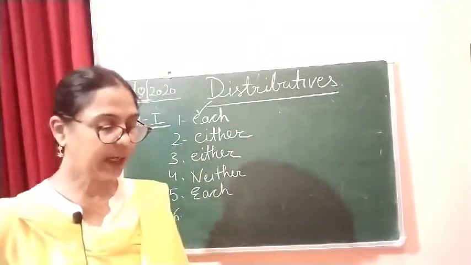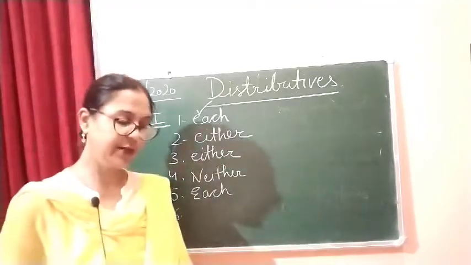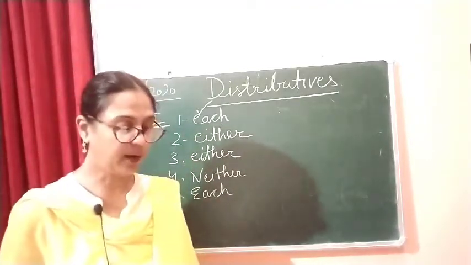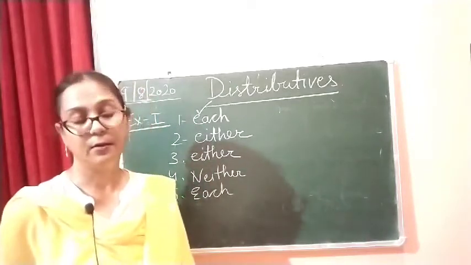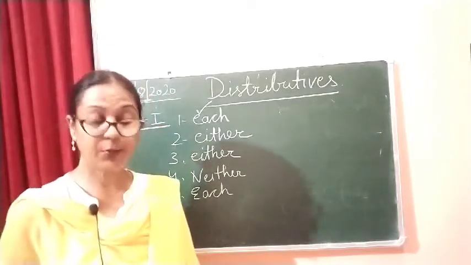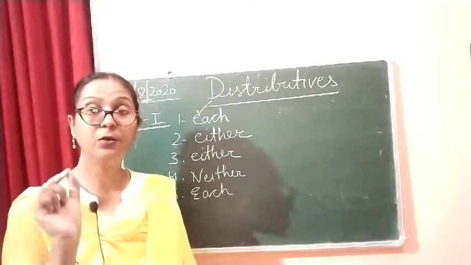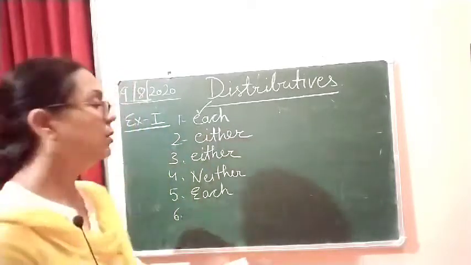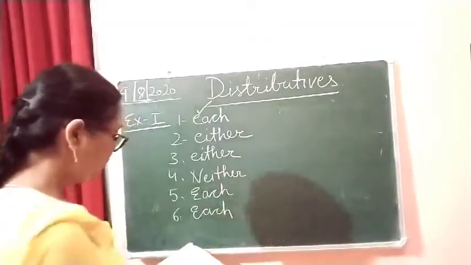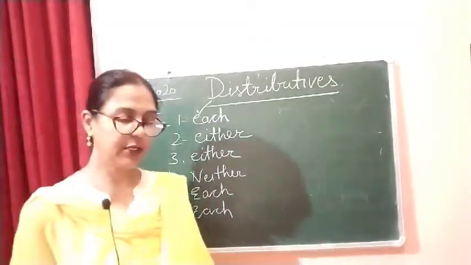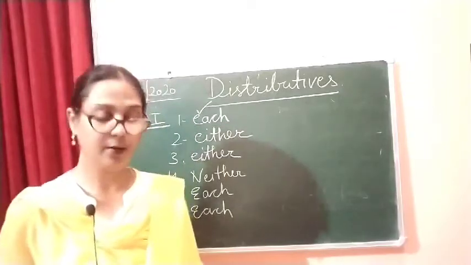Now sixth: either, neither, each, every. What are we going to choose over here? Player of the winning team would be awarded. So each player, we are talking about individually. So each player of the winning team would be rewarded.